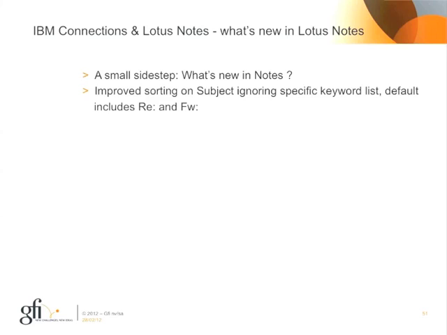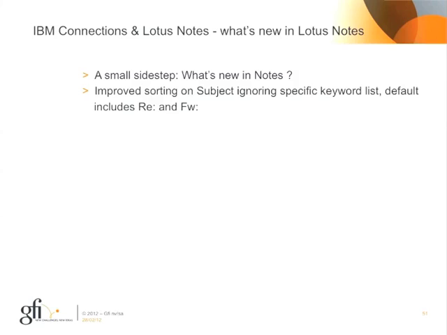I just use this a little bit as a side step. Basically, we've seen a number of things about what's new in Lotus Notes, and I decided not to put an entire chapter up for that. So just one slide to give a small overview of the current release of Notes.